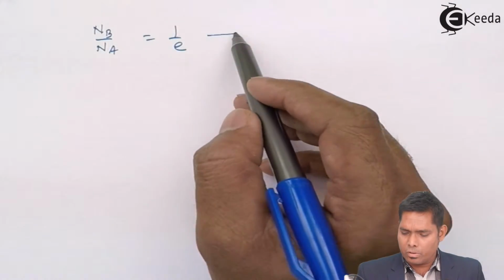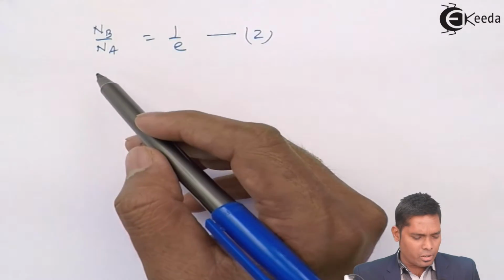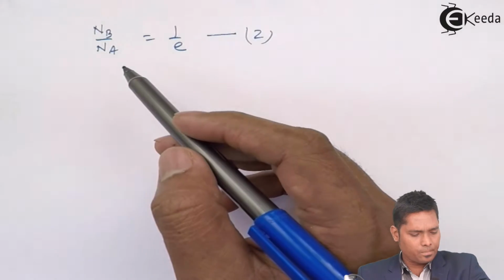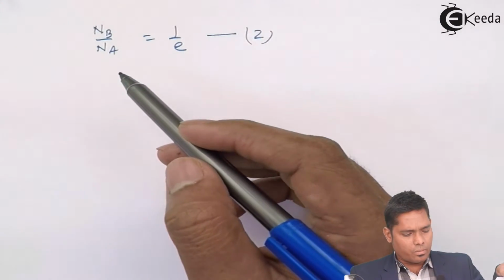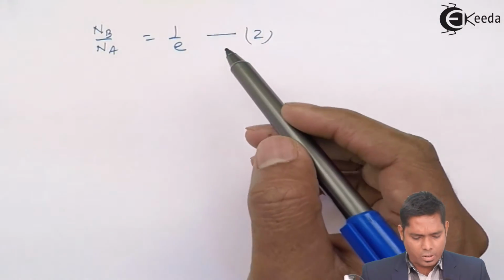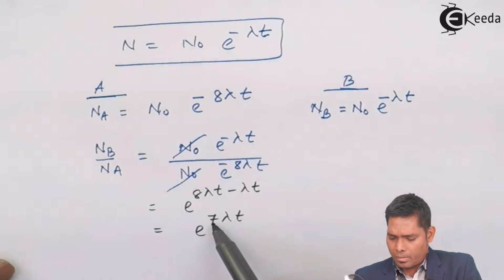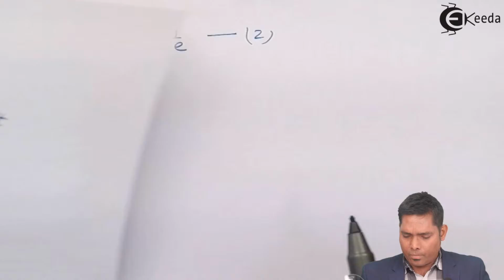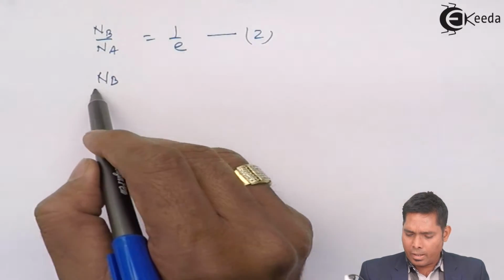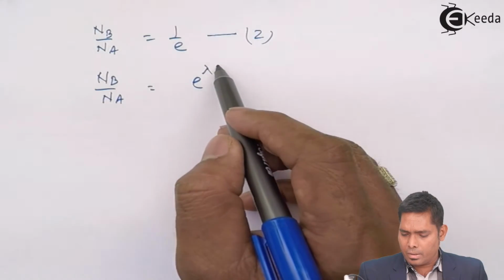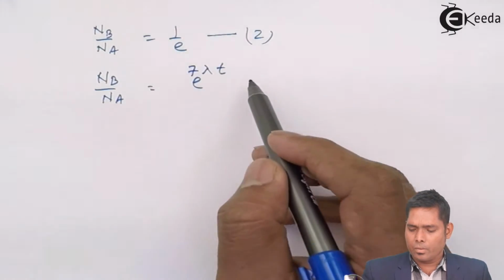So this is equation number 2, and earlier I just got NB over NA as e to the power 7 lambda t.